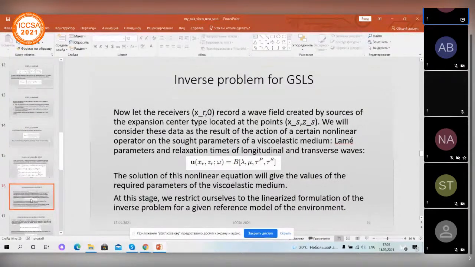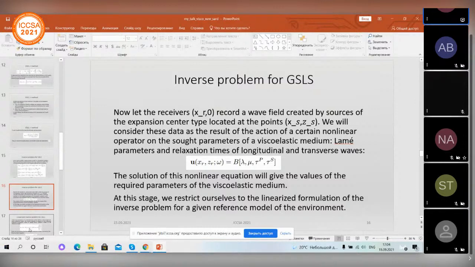If you fix the so-called reference media, that is the Lamé parameters lambda, mu, and the quality factors tau p and tau s, we may synthesize the wave field, which is an operator of these parameters, and the inverse problem is the resolution of this kind of nonlinear operator equation.